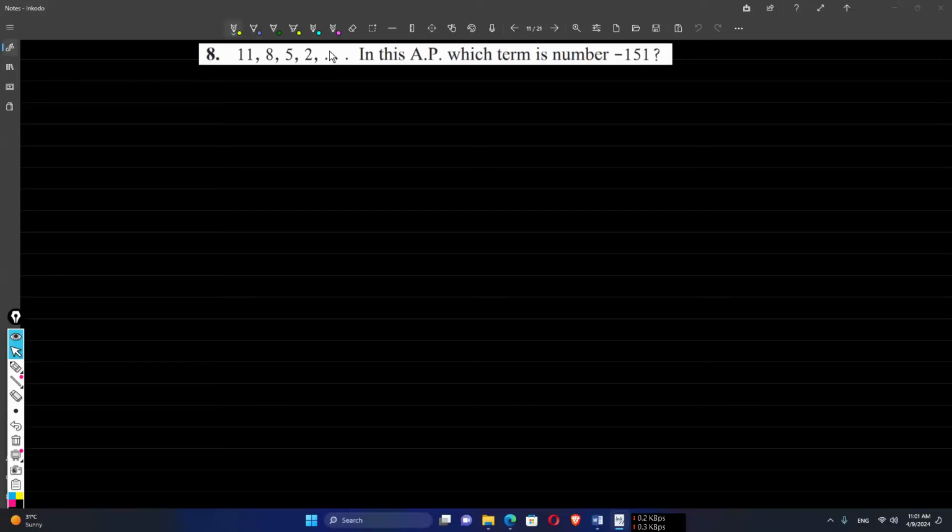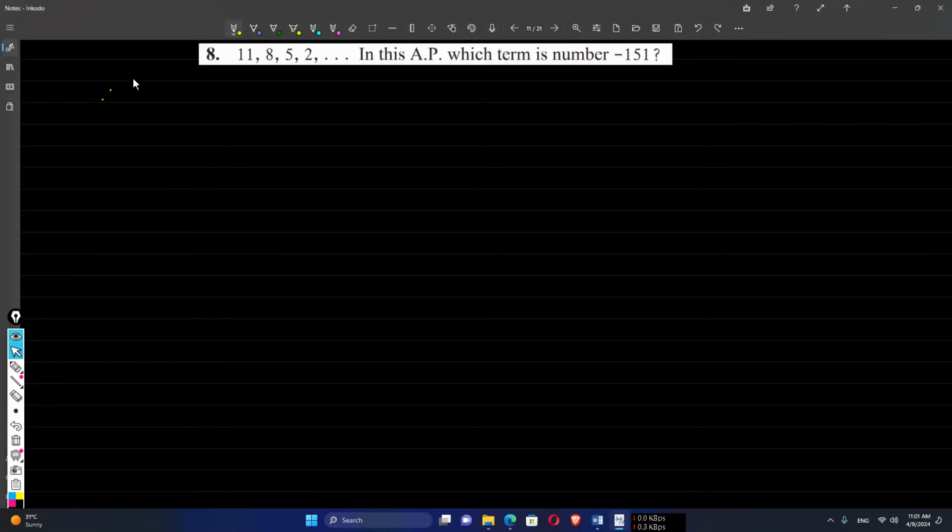We just have to find which term in this AP is minus 151, meaning we have to find the value of n, simply the value of n.